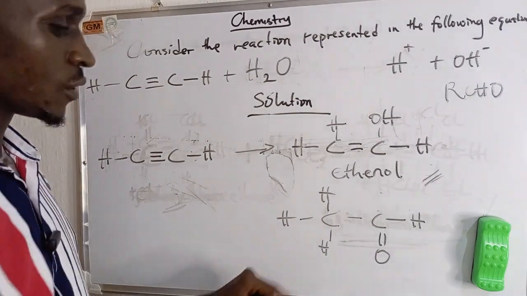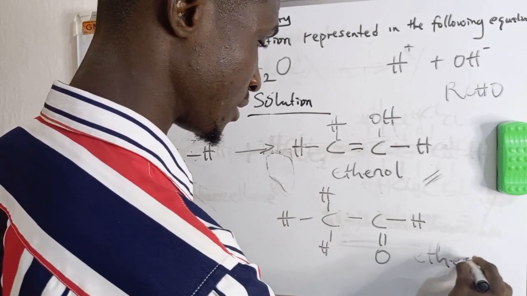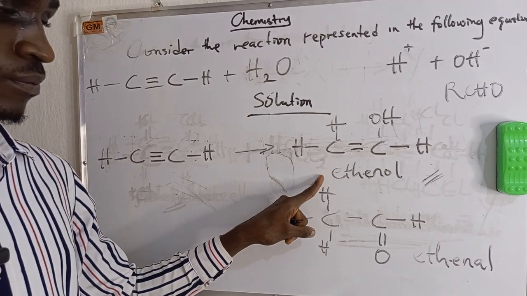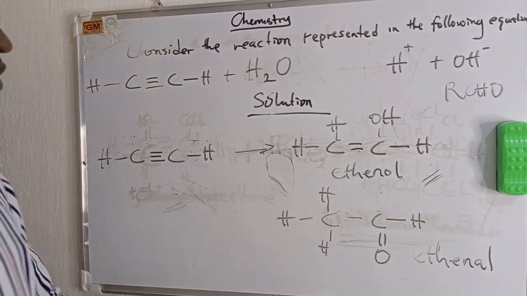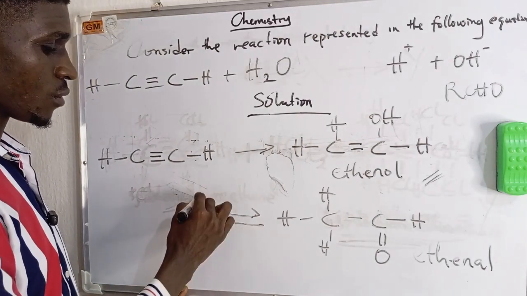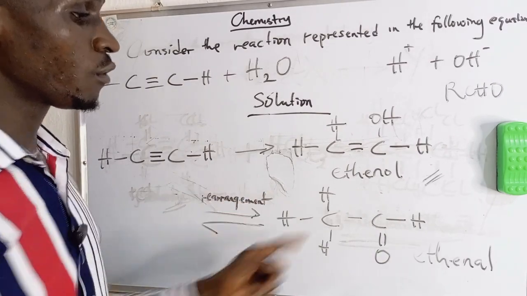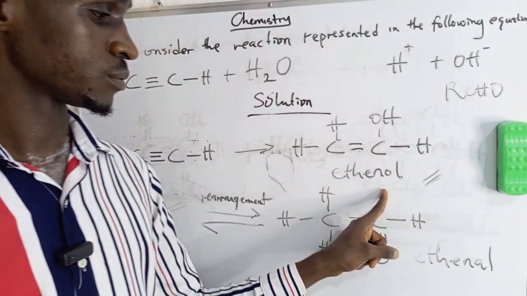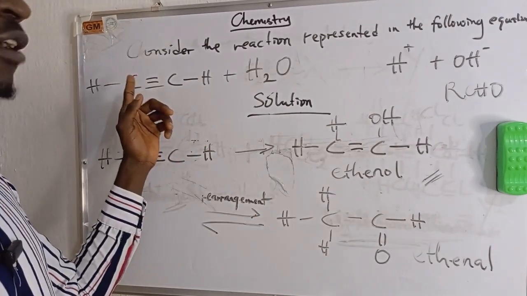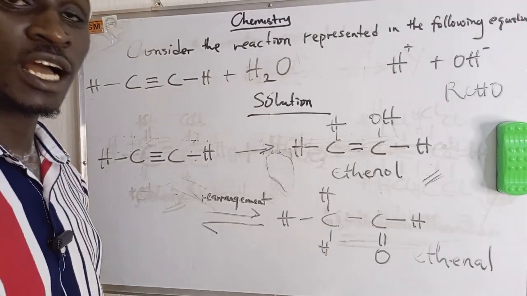Okay, so here we are having ethanal, which is an isomer of ethenol, because this thing occurred as a result of rearrangement of this ethenol. So it's not like it is a two-step reaction, just like we have in addition of hydrogen, addition of halogens, addition of hydrogen halides.